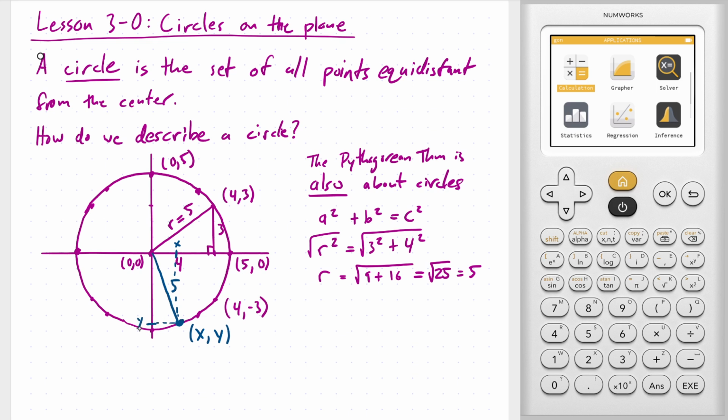So that's my y value. And so we have a right triangle here. So by the Pythagorean theorem, the x value squared plus the y value squared is equal to 5 squared.